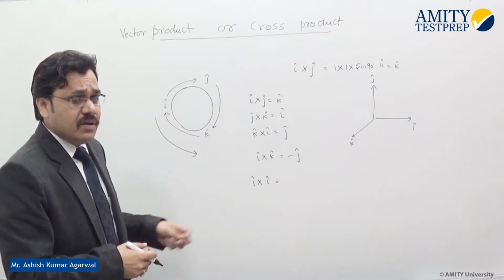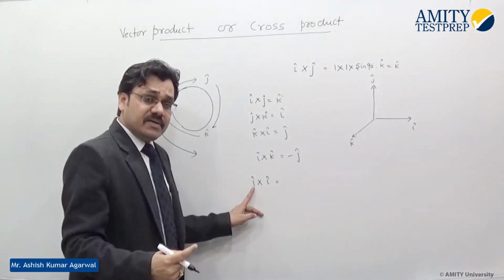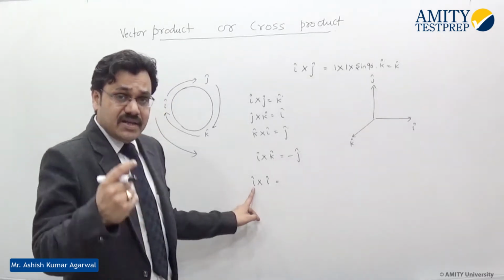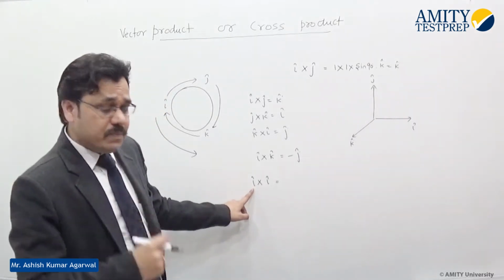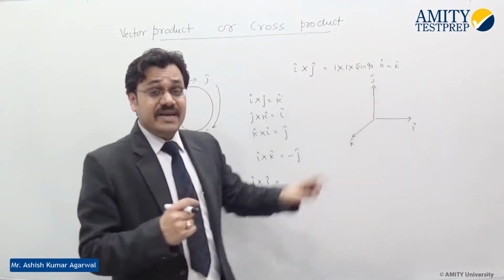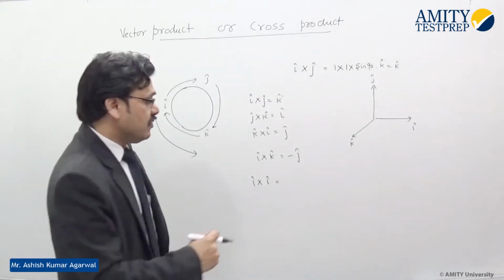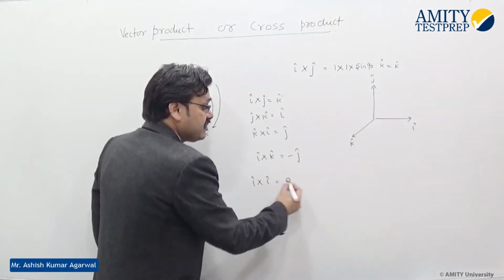Clearly, I have already told you, two similar unit vectors have the angle 0. So if we place 0 in place of theta, the value of sine 0 will be 0. It means when you take the cross product, you get 0.